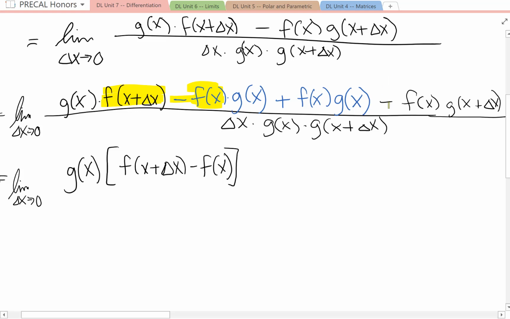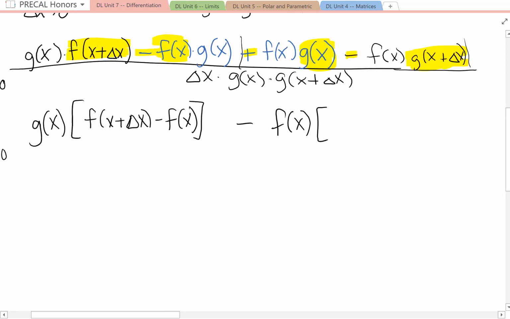And then we also have, if you'll notice, g of x plus delta x and g of x. Now the signs are a little bit different than what they should be. So when we factor out an f of x, we want the minus to be in front of the g of x, so we're going to factor out a negative f of x.